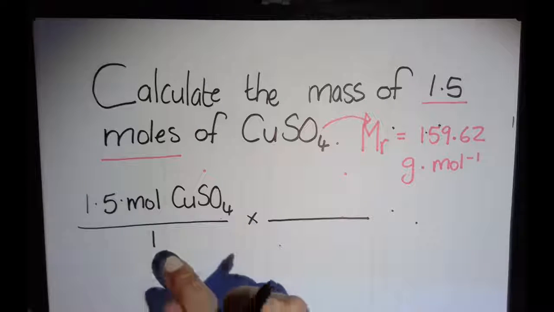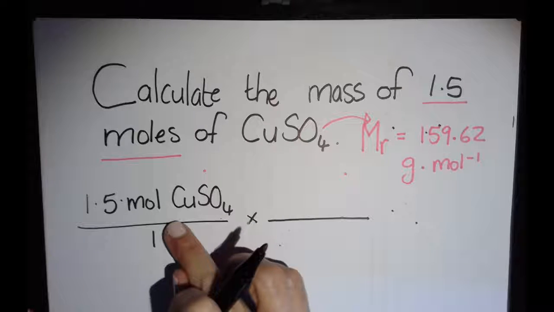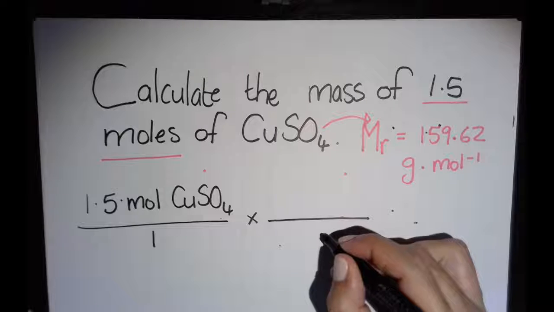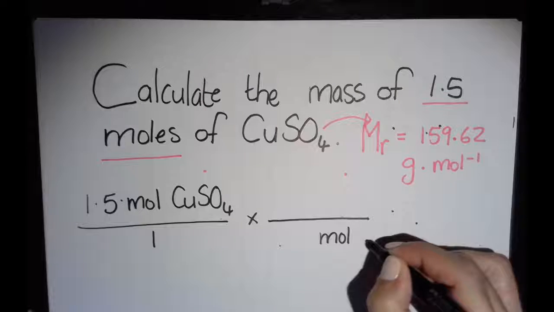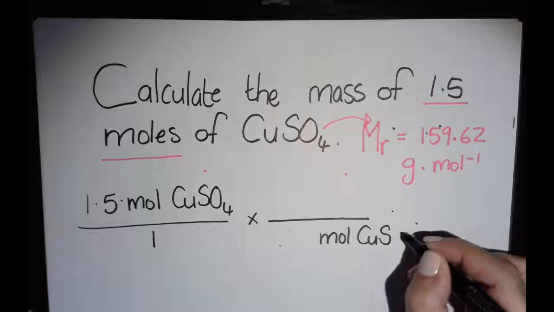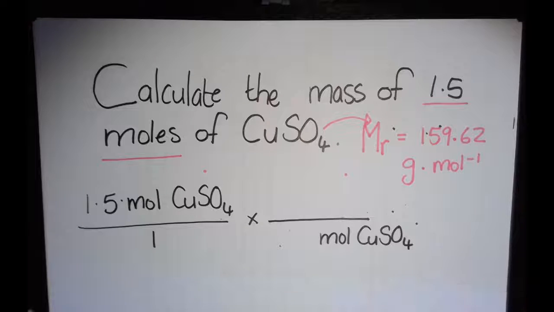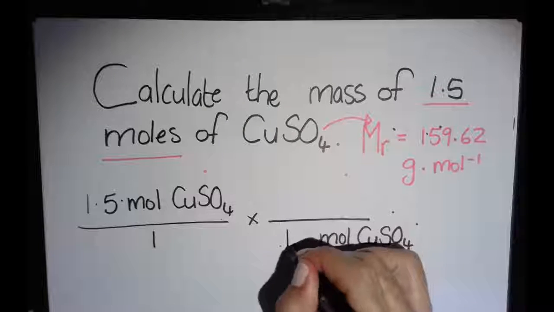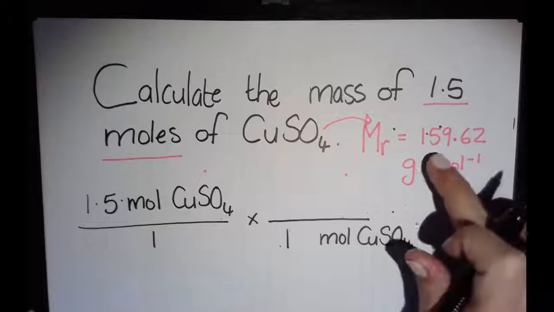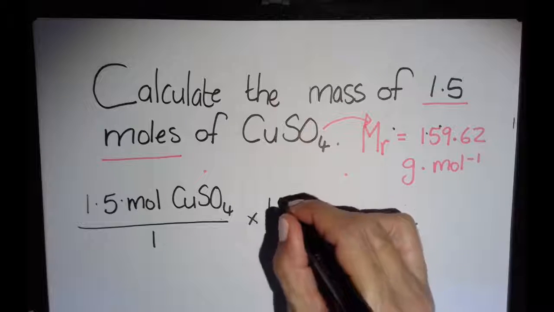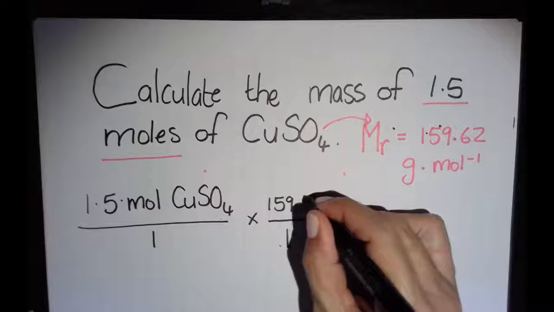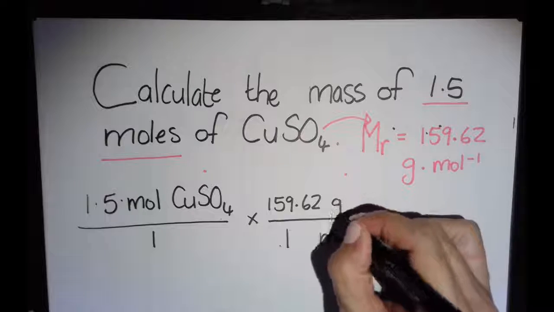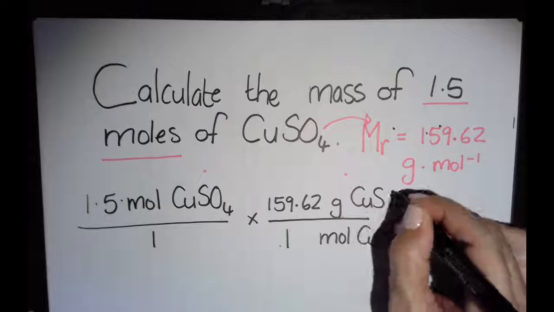So I have mole of copper sulfate at the top, which means I have to have mole of copper sulfate at the bottom. If that is at the top, this has to be at the bottom. According to this, 1 mole of copper sulfate is 159.62 grams of copper sulfate.